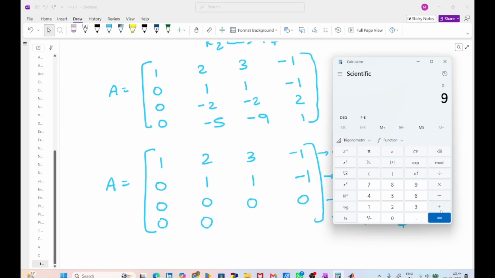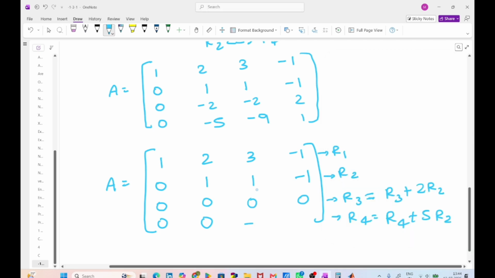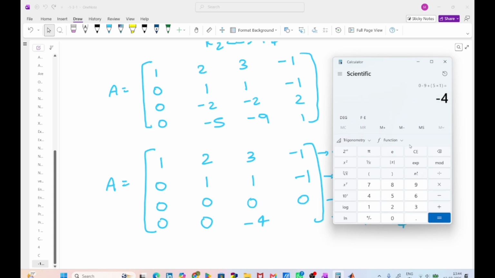Minus 9 plus open bracket 5 into 1, close the bracket. It came as minus 4. Minus 4 here. Then 1 plus open bracket 5 into open bracket minus 1, close it, equals minus 4.